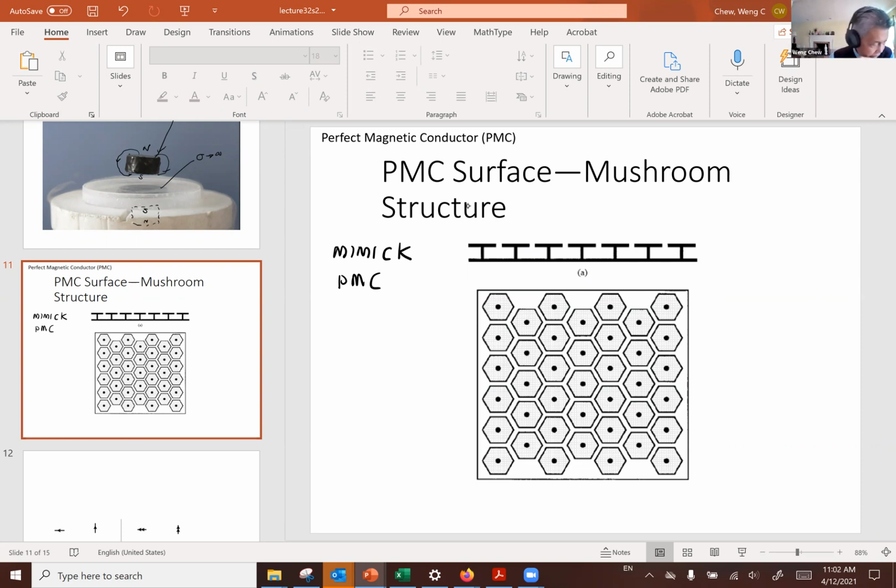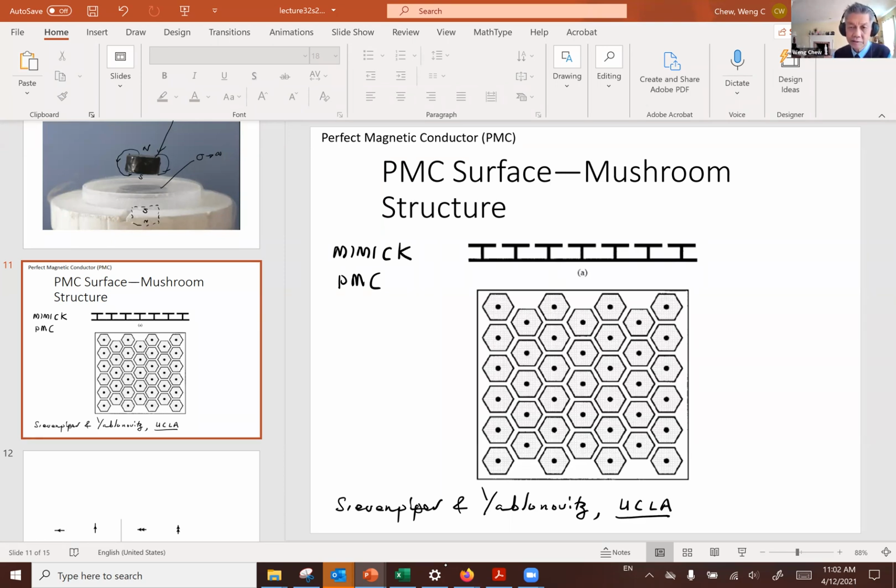Well, this is two guys by the name of Steven Piper and Sievenpiper. They were clever enough to come up with this surface that looks almost like a PMC surface. At the time when they were doing this, they were at UCLA.